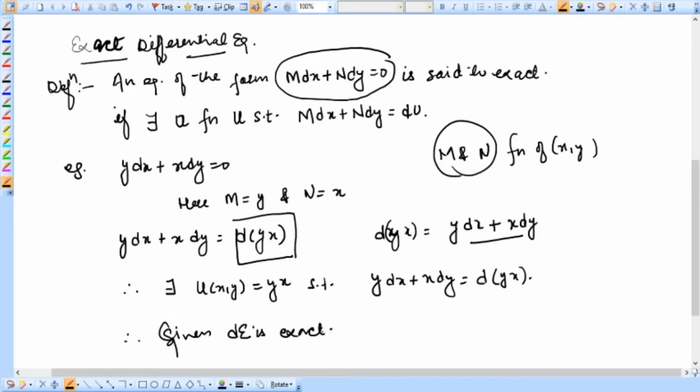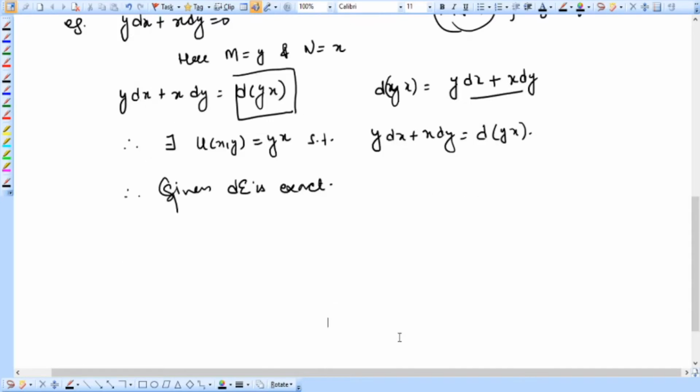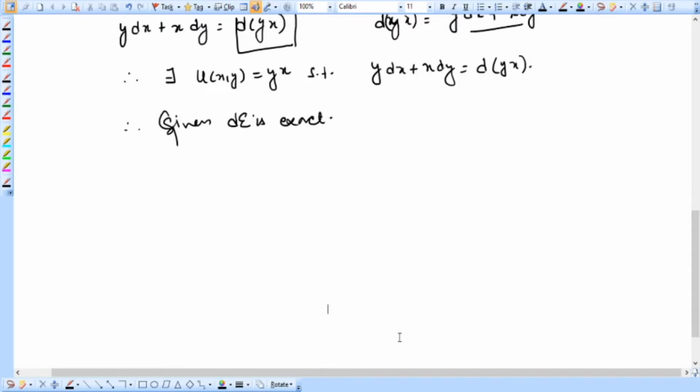This was an example of an exact differential equation. I can give you another example. Take this exact differential equation, example 2.